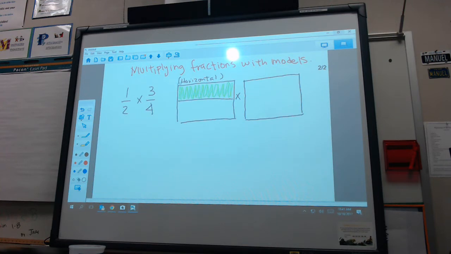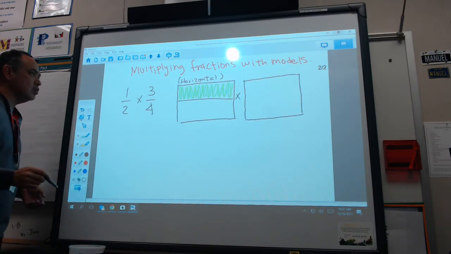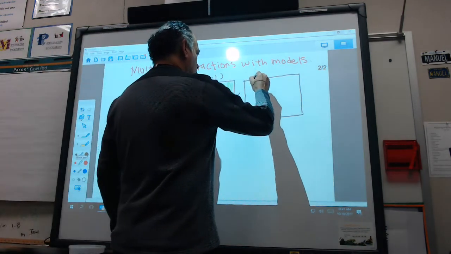Okay, now I am going to make the model of 3/4. I really need you guys to use 2 colors.